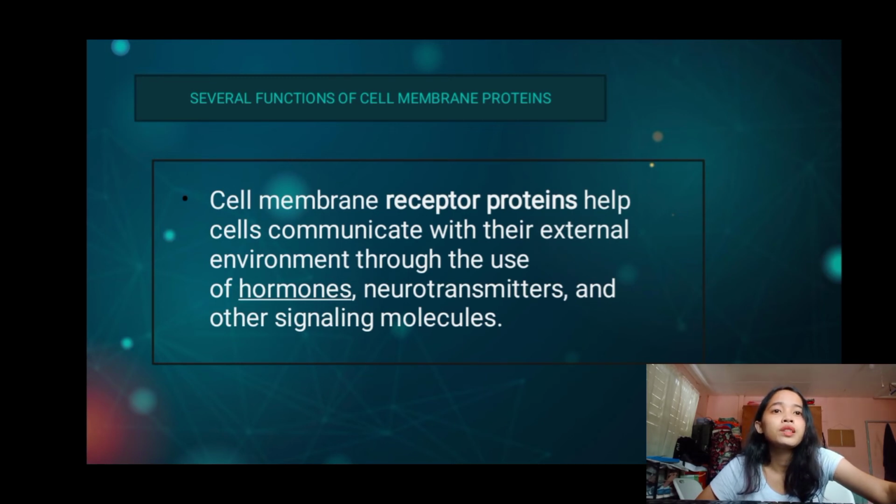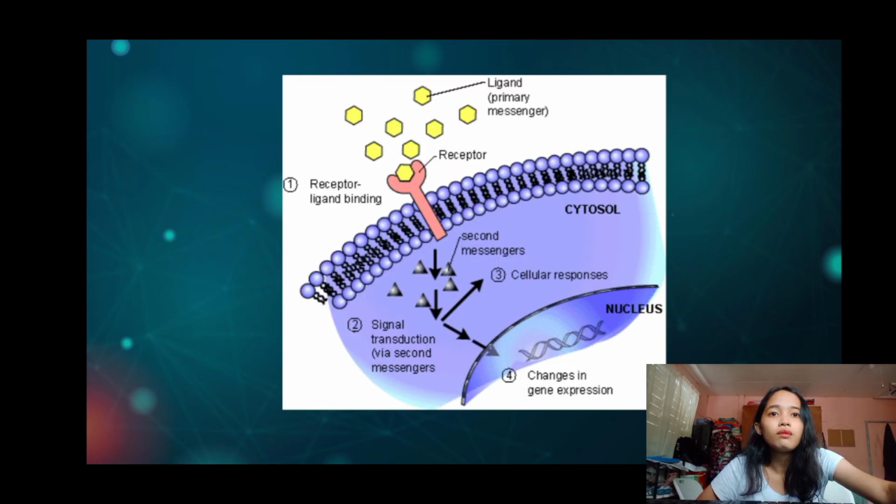They help the cell communicate with its external environment through the use of hormones, neurotransmitters, and other signaling molecules. So this is the cell receptor. They communicate with the external environment with the use of hormones. That is the function of the receptor.